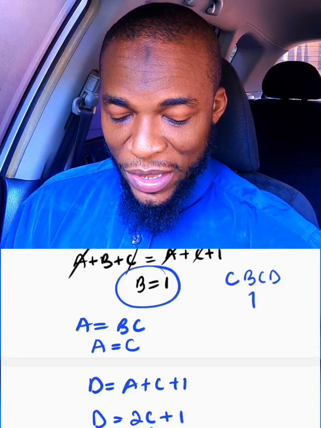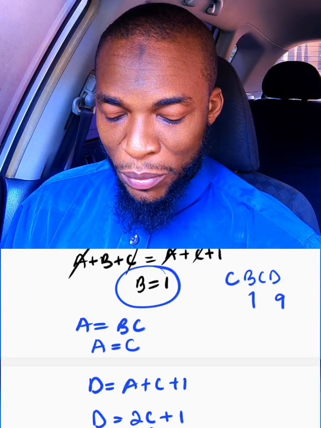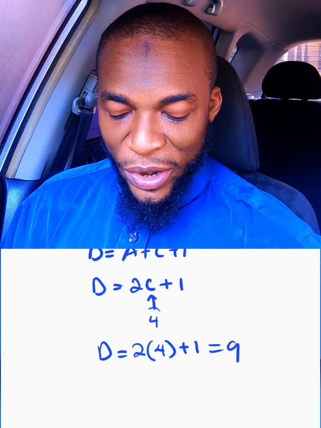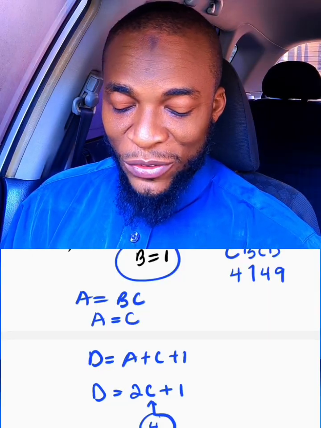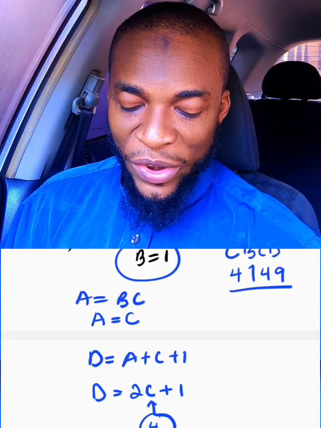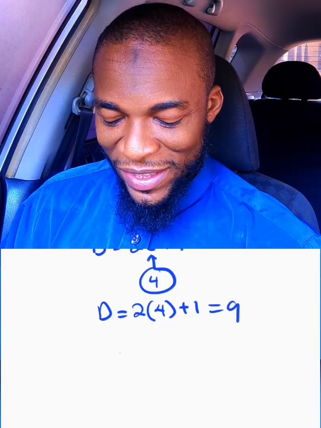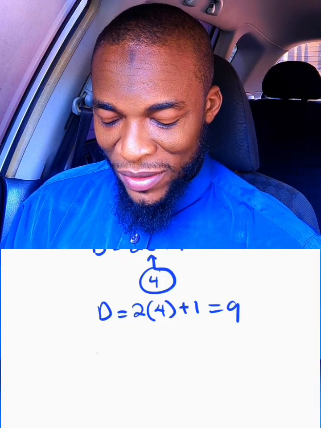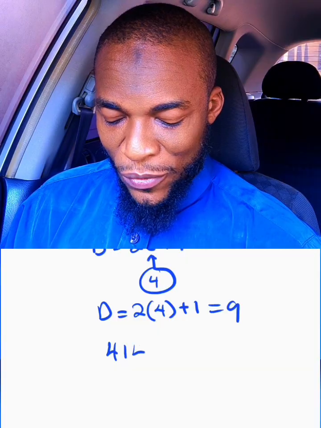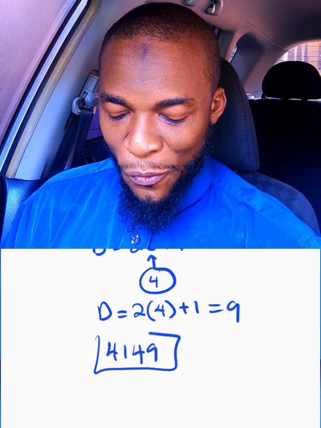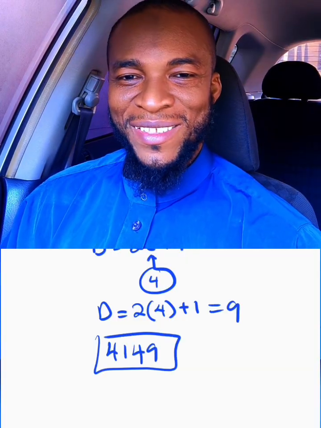So come here and write D as 9. But we have seen that C is already 4, right? So you bring it back here, 4 and 4. So the number is 4,149, exactly as what the contestant said. 4,149. This is our 4-digit number. Yes, as simple as that.